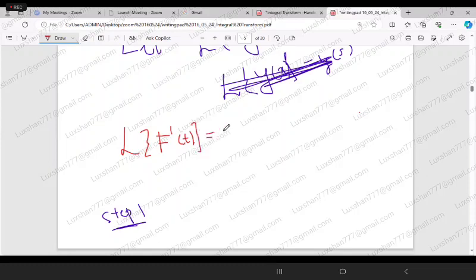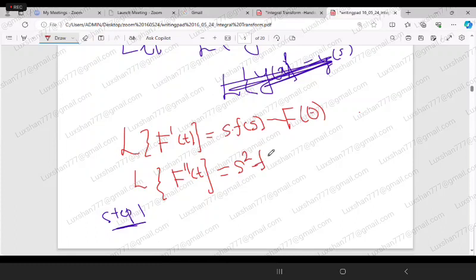We know that this is equal to s squared F(s) minus s into f(0) minus f'(0).